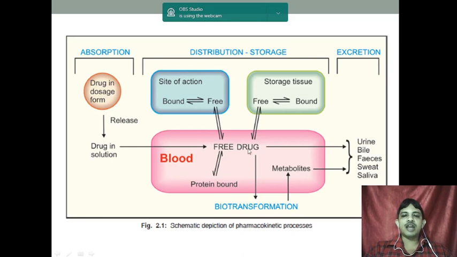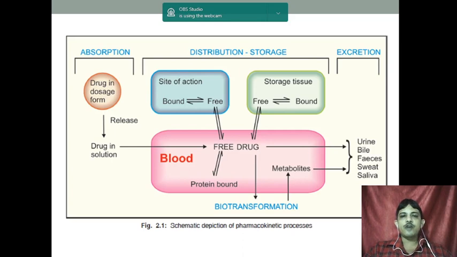Then the drug may undergo biotransformation, that means metabolism, or it may undergo drug protein binding, or it may go to the site of action. They can also be bound to different proteins and tissue. Again with tissue proteins and all, they can be bound, or in a particular area they can be in the free form.